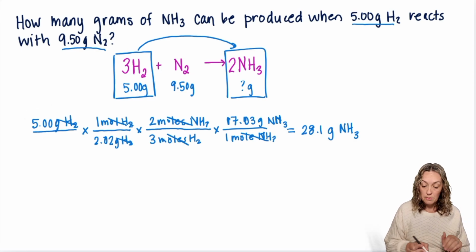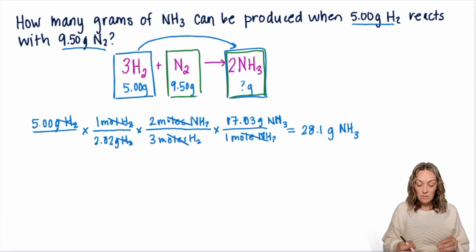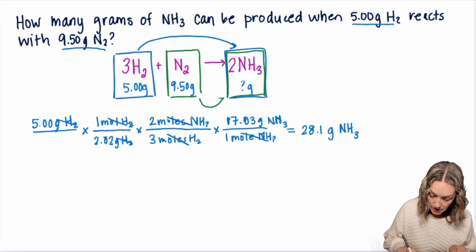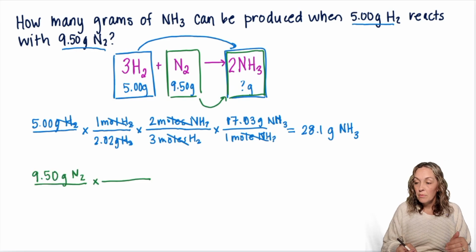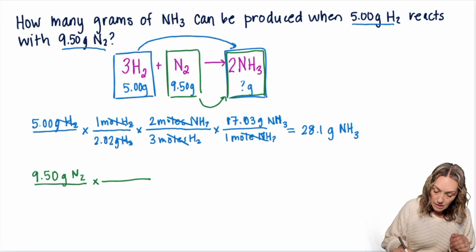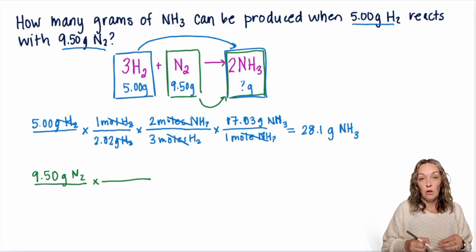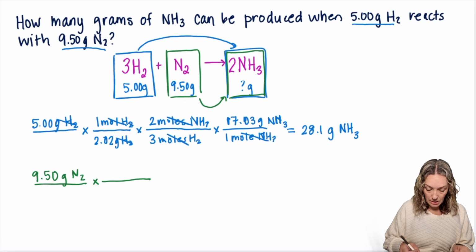But it is possible that the N2 could run out first and therefore stop the production of NH3. In order to determine which reactant runs out first, I'm now going to check the nitrogen. I'm now going to do a second problem in which I start with nitrogen and determine how many grams of NH3 I can produce if I use all 9.5 grams of nitrogen.